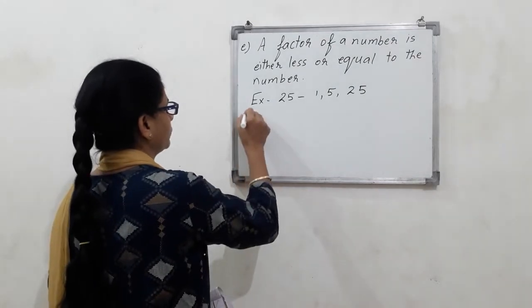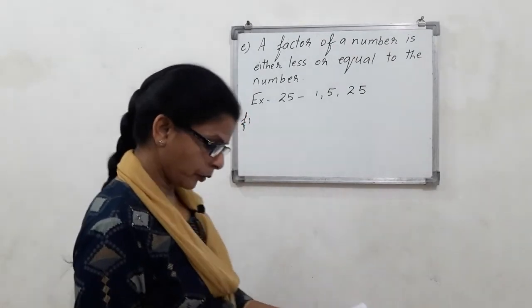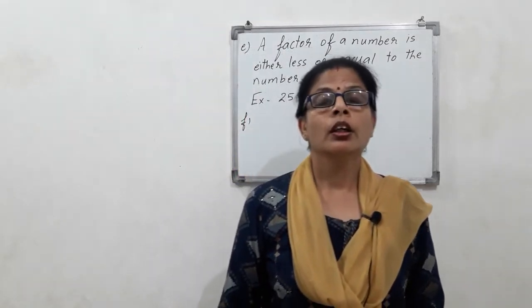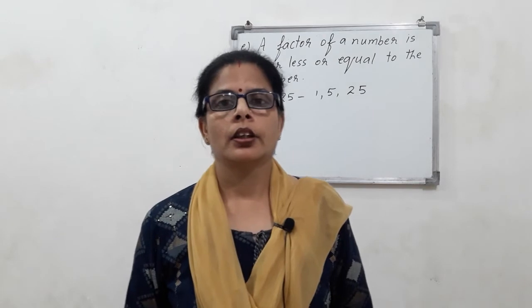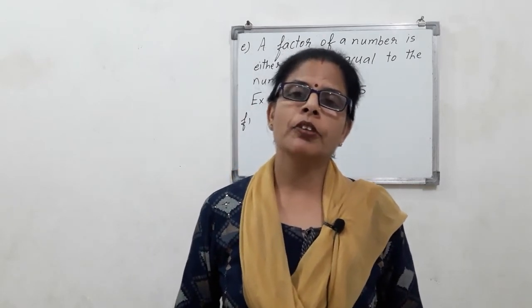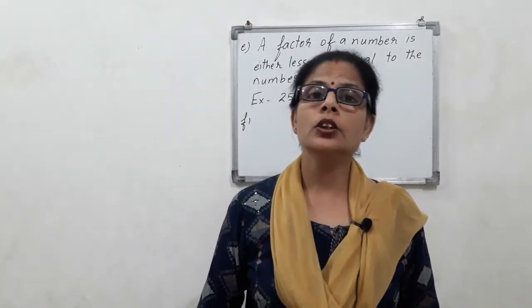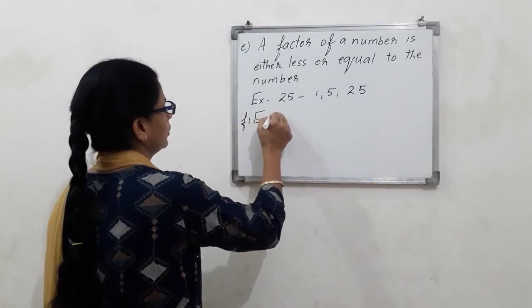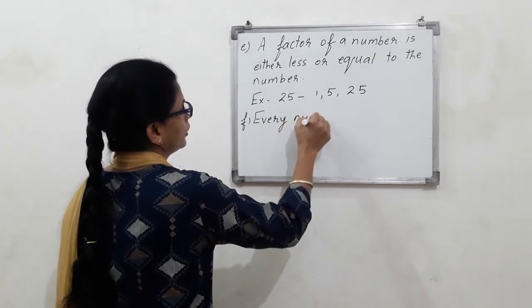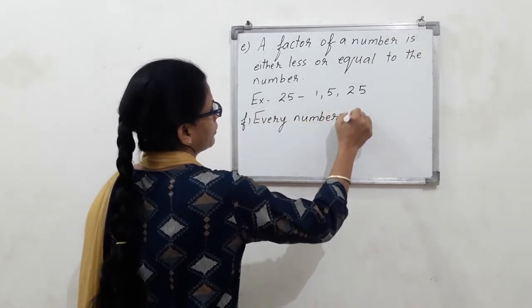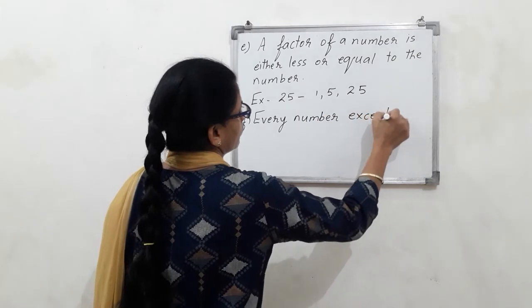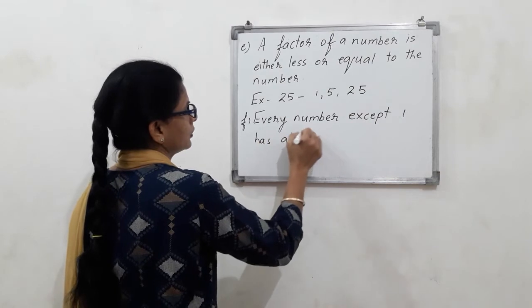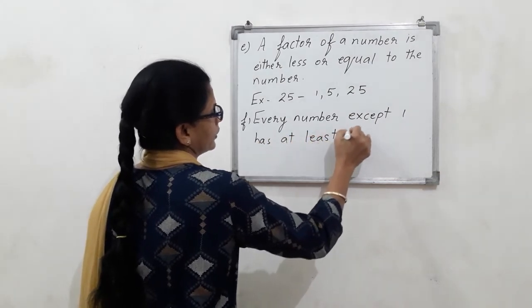Next, F point. Every number except 1 has at least 2 factors. Any number has at least 2 factors.